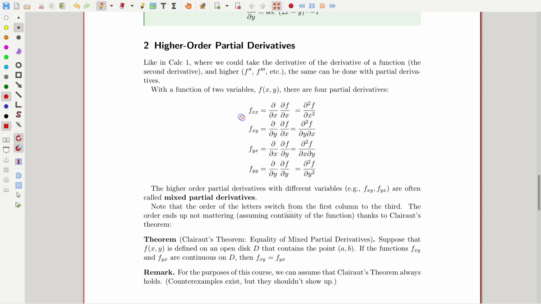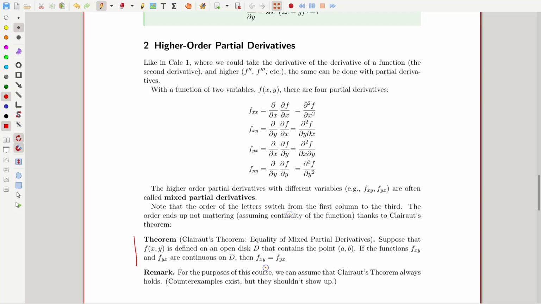The xy and the yx are called mixed partial derivatives because they use different variables. The reason I said you're technically supposed to do it in this order is that there's a useful theorem called Clairaut's theorem, which says that for nice functions, meaning the mixed derivatives of the functions are continuous on some domain, these mixed derivatives end up being equal.